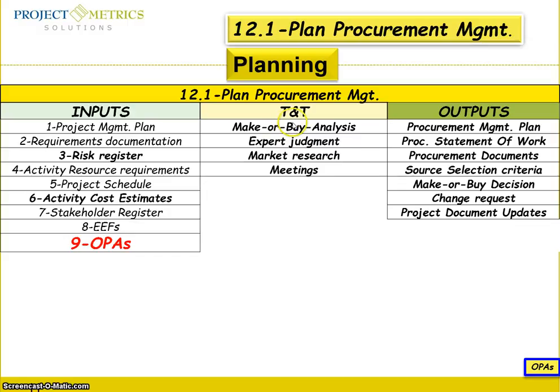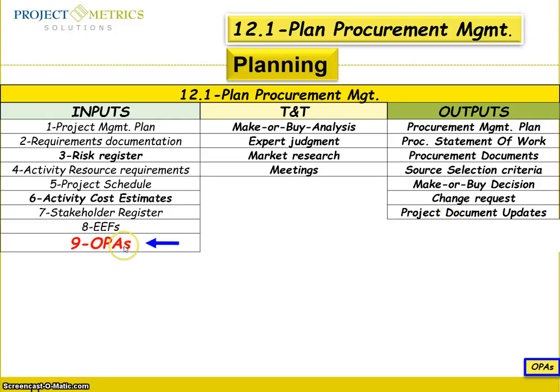The tools and techniques are make or buy analysis, market research, meetings, and expert judgment. The outputs are the procurement management plan and the procurement statement of work, up to updating your project.